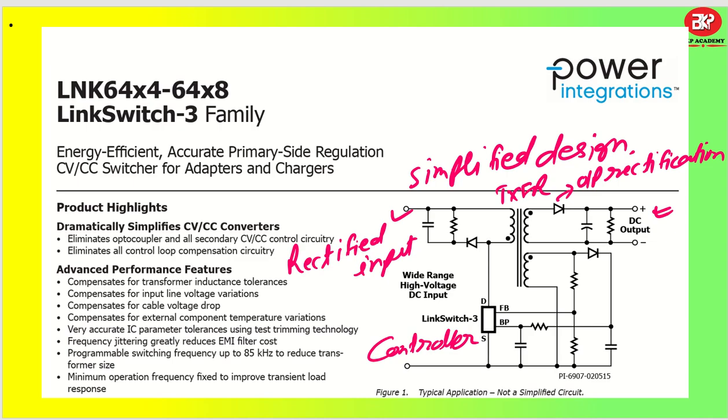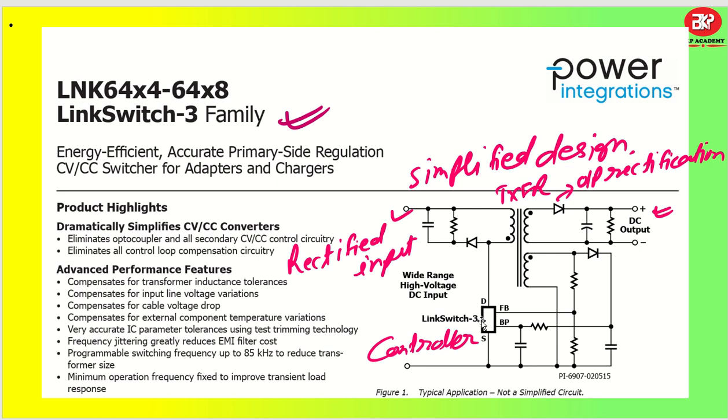Alright, we have already seen the power device data sheet. In this data sheet we had seen the rectified input coming out of the bridge rectifier, going to the transformer input, and this is the RCD circuit which is going to reduce the ringing at the input as well as suppress the voltage level at the drain, otherwise the drain of this LinkSwitch-3 device will get damaged.